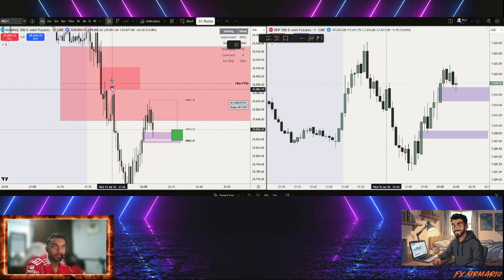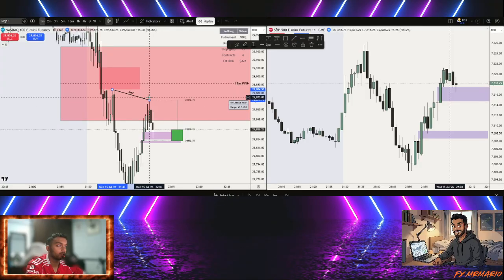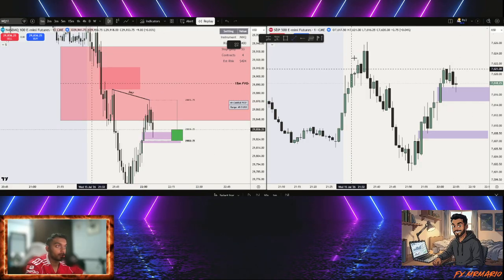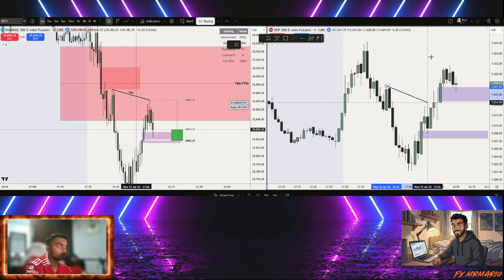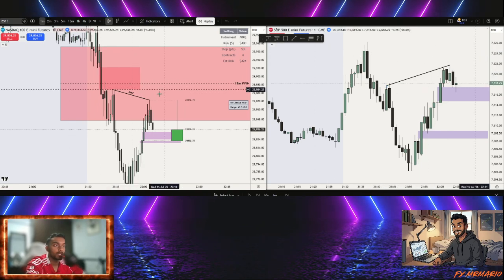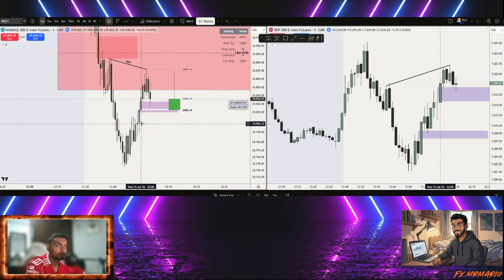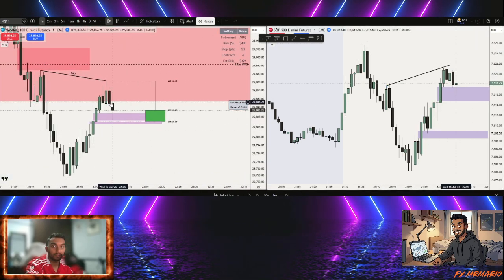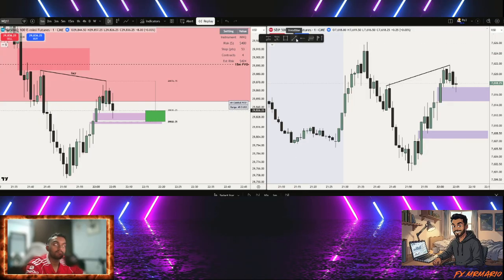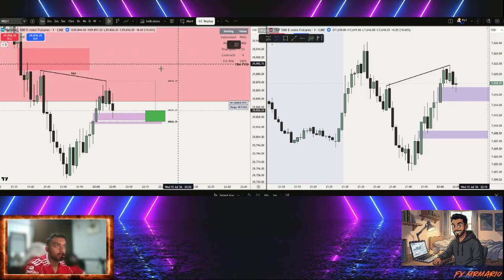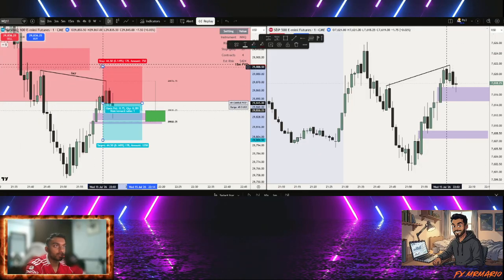From these highs to these lows over here on NQ, which was not swept, but on ES it was swept, right? So we had an SMT, right? CISD would have been this down candle there, right? So we took an entry there.